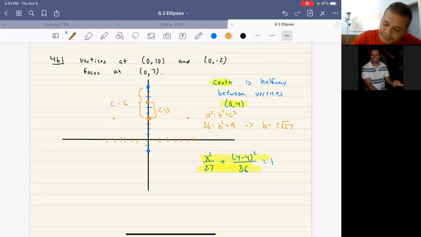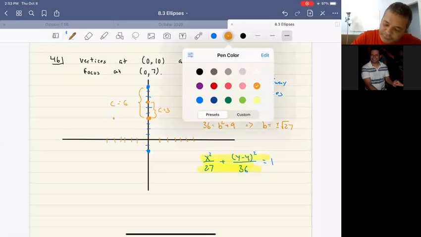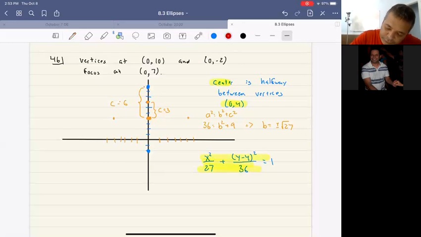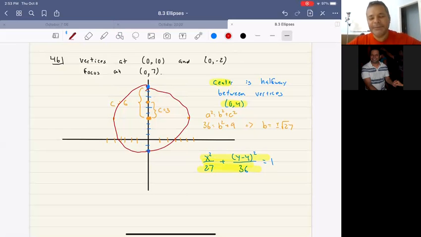Roughly here. Really bad ellipse, because my drawing stinks. Okay. All right.